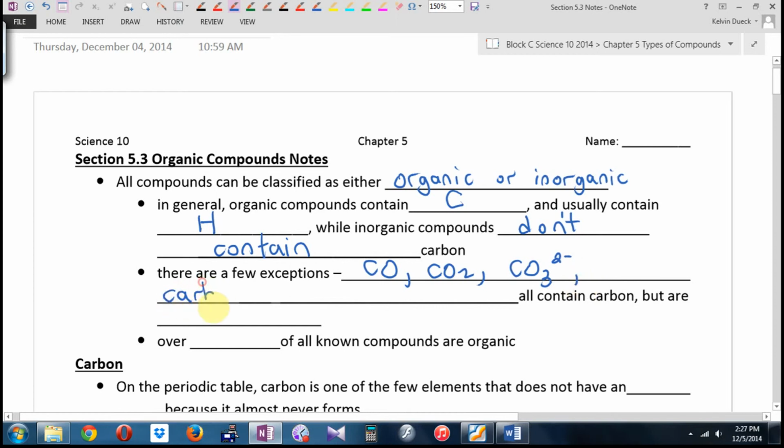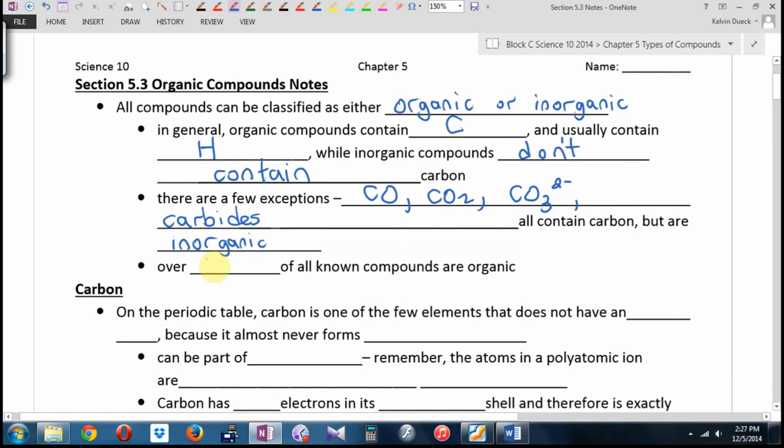They're called carbides. These contain carbon, but they're not organic. Inorganic. However, over half of all known compounds are organic. What do they contain? Carbon.